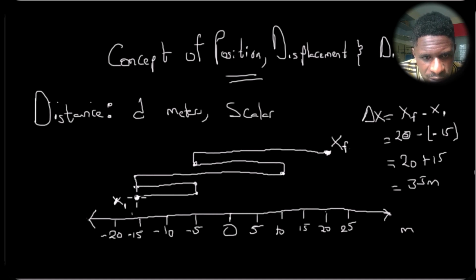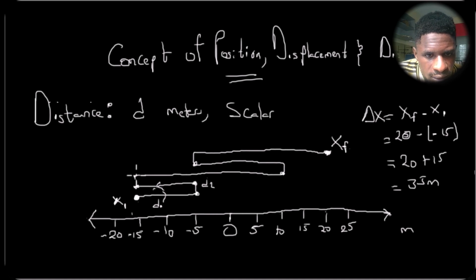From this point here to this point, let's assume it is D1. That's one part, the length. So if I'm traveling in this direction, then this other one, I'm starting here at this point and then I'm ending here. So let me call this D2.